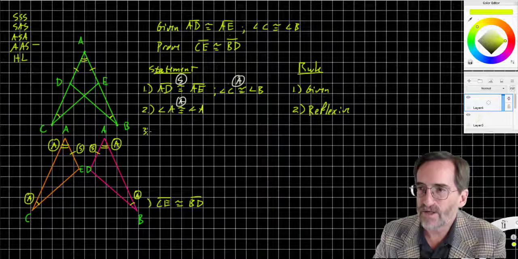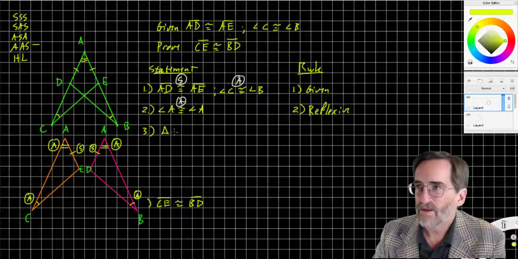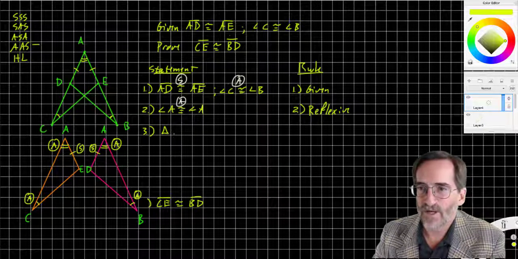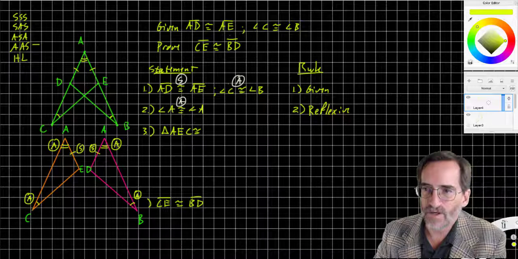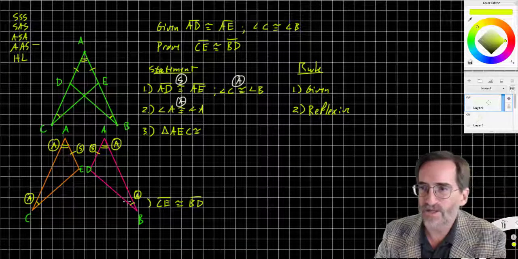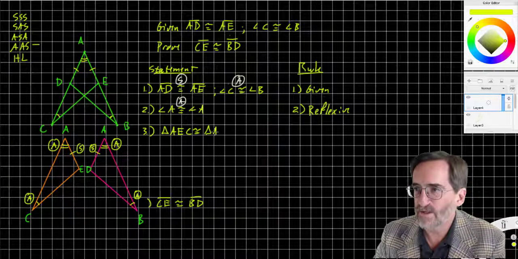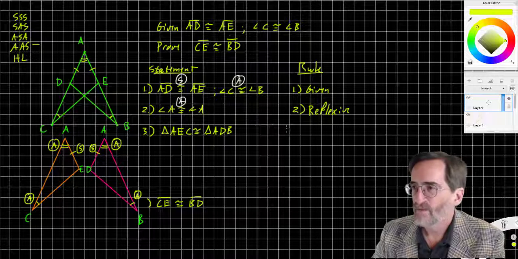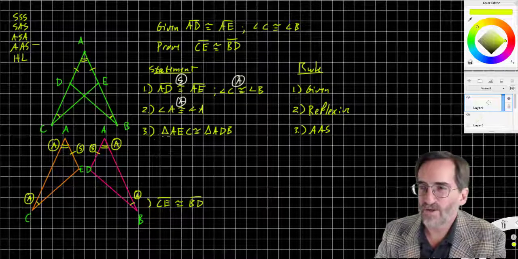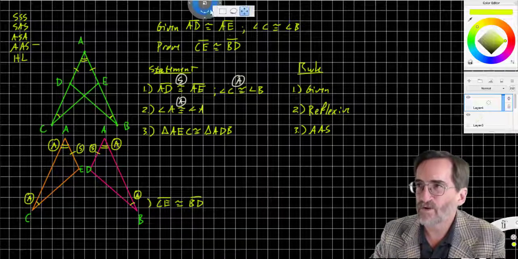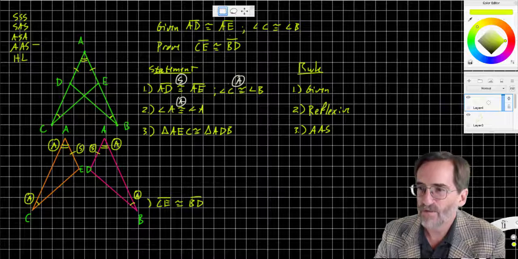So step 3 is to state the triangles are congruent. Triangle AEC is congruent to, now look carefully, AEC goes with ADB, triangle ADB, by angle, angle, side. Now that the triangles are congruent, we know their corresponding parts are congruent.